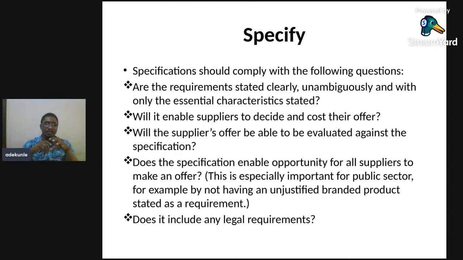Some of the questions you might need to ask if you are drafting a product specification for your organization: for example, are the requirements stated clearly when we are designing a product specification for items in an organization? Are they unambiguous, with only essential characteristics stated? Will it enable suppliers to decide and cost their offers?